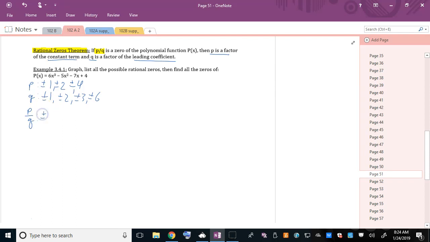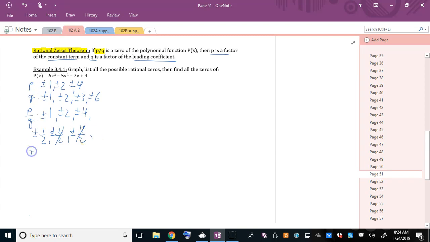So I'm going to put all of the P's over 1, all of the P's over 2, and you'll notice I am going to get some repeats as I write these, and so when I get a repeat I cross them out.